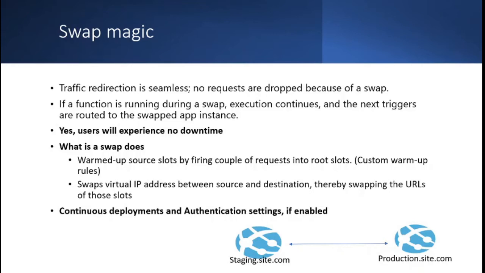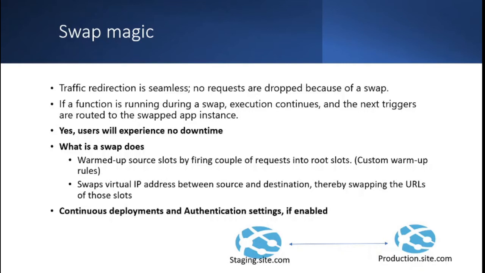Once you verify that it is working as per your expectation and all those fixes are resolved, you can swap it with production, which means you can push the staging slot deployment into your production environment. Traffic redirection is seamless, and no requests are dropped during the swap. Isn't it cool?